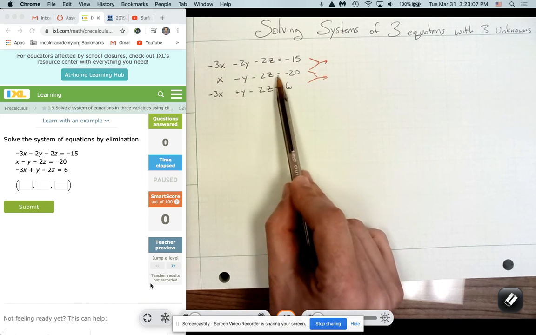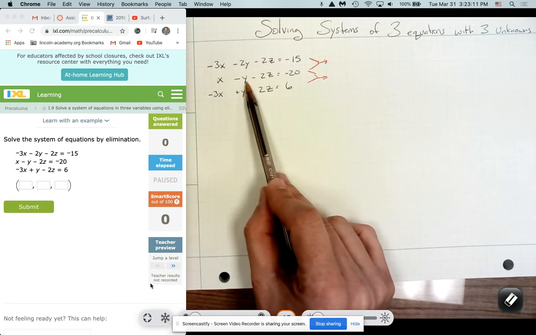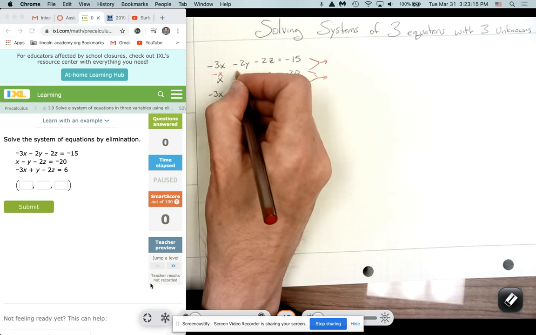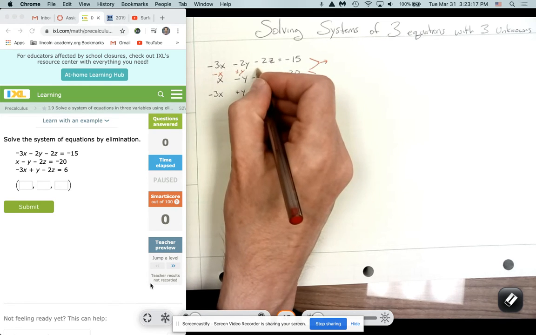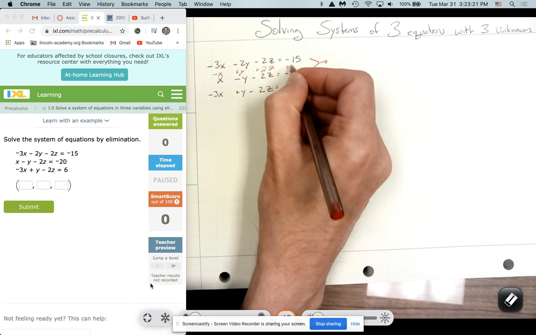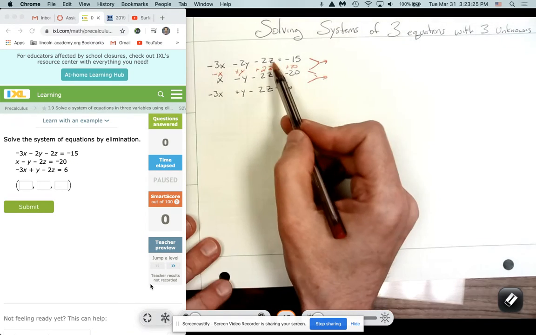What I'm going to do is multiply this middle equation by a negative 1. If I do that, this will become a negative x, this will become a positive y, this will become a positive 2z, and this will become a positive 20. The reason I did that is I found that the easiest way to eliminate the z's.